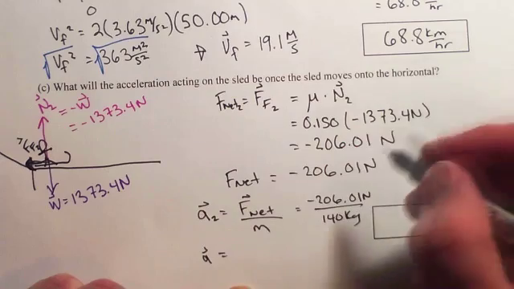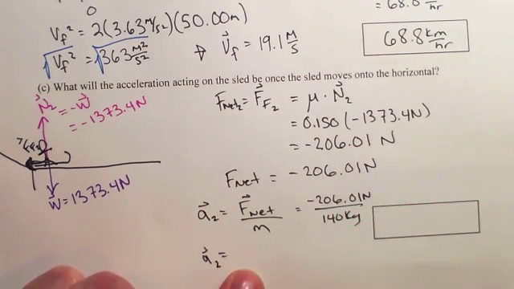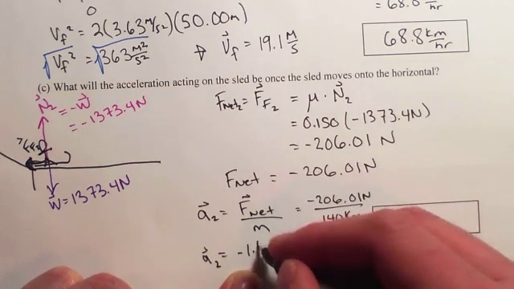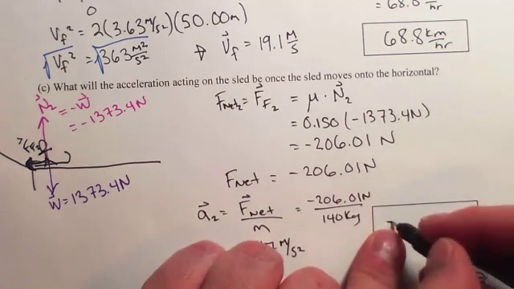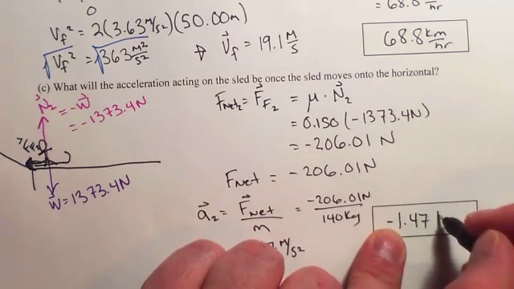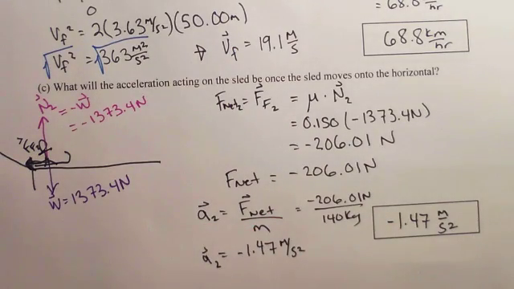Should probably denote this as acceleration 2, just to make my life a little bit easier, is negative 1.47 meters per second squared. Acceleration is also a vector, so the negative sign is going to help us indicate that it is opposing the motion.